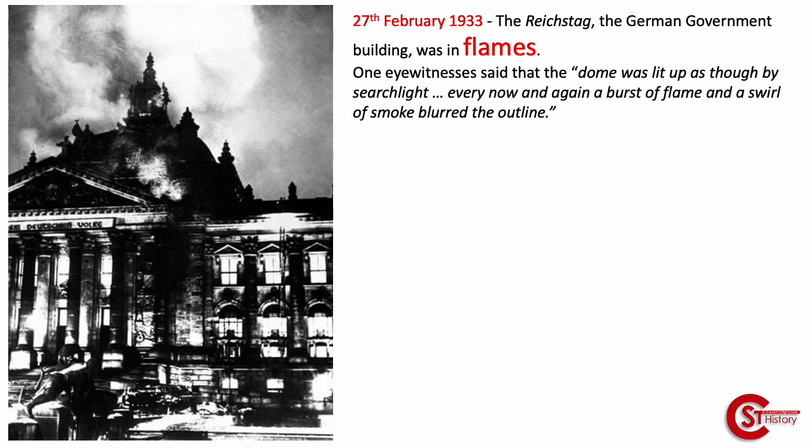Okay, they said it, and this is what's happened. So, of course, this is attacking the symbol of democracy, the Parliament building. The voice of the people has been attacked. This is awful. One eyewitness said that the dome was lit up as though by a searchlight. Every now and again, a burst of flame and a swirl of smoke blurred the outline of the Reichstag building.